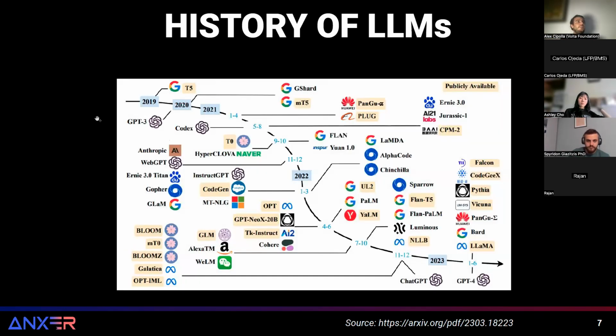So after this paper happened in 2017, there was a huge growth of different neural networks. Many companies entered the space. We have Google, OpenAI, DeepMind, Meta, Huawei, everybody is entering the space.